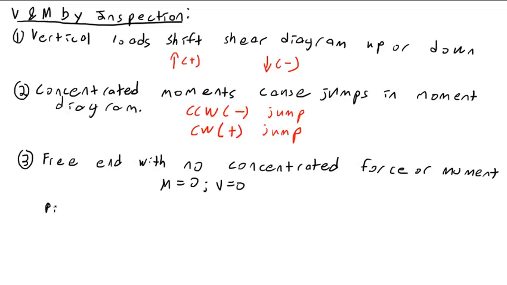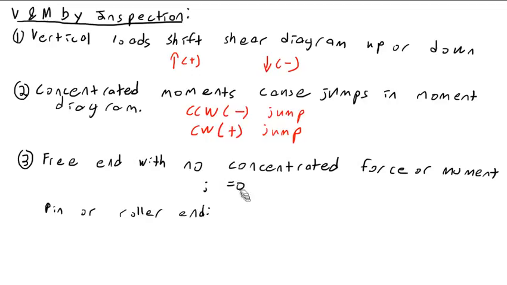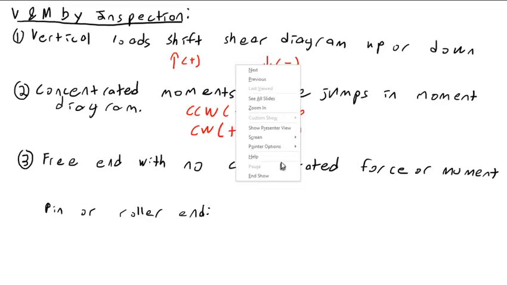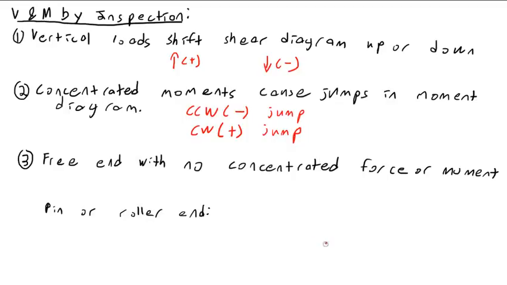And a pin or roller end: M equals 0. On a pin or roller end, V will generally not be 0 at the end, unless you have very particular loadings, but M will be 0. So these are just our boundary conditions.